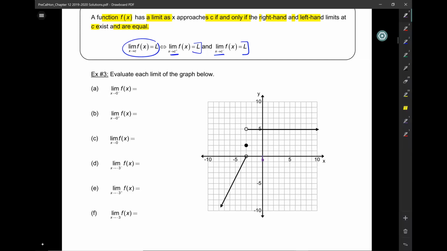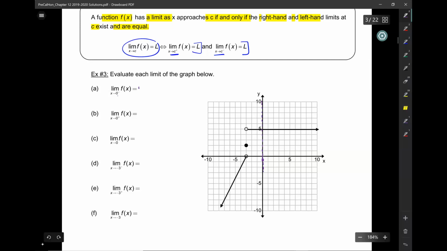Again, you can do this using the imaginary line in the beginning, and then we can get to ignoring that imaginary line, throwing away that crutch. So if I have an imaginary line here at x equals 0 and I want 0 from the negative side, immediately to the left of that imaginary line, what is the y value of the function?